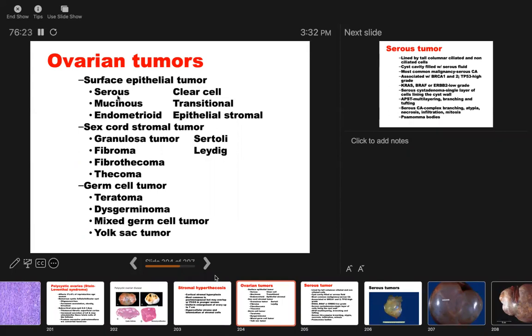Now, for the surface epithelial tumor, if you open your book, these tumors always have three categories underneath, which is benign, borderline, or malignant. Again, these tumors, serous, mucinous, endometrioid, clear cell, and transitional, will always have three categories underneath, and that's benign, borderline, or malignant.